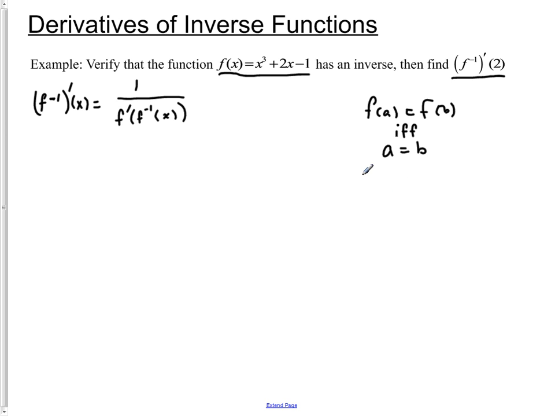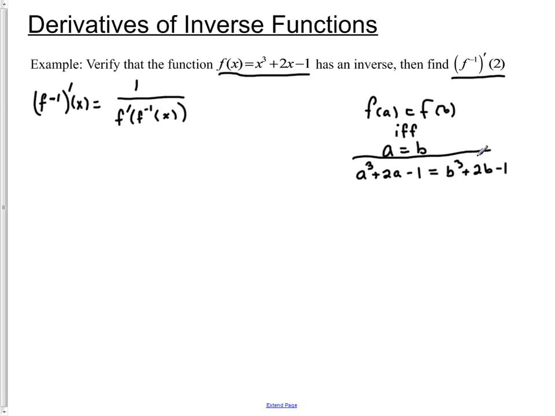Well, let's make a substitution. If we take a cubed plus 2 times a minus 1 and find some other number, a equals b, right? So we're going to take b cubed plus 2b minus 1. We want to assure ourselves that this is only going to be true if a is equal to b.